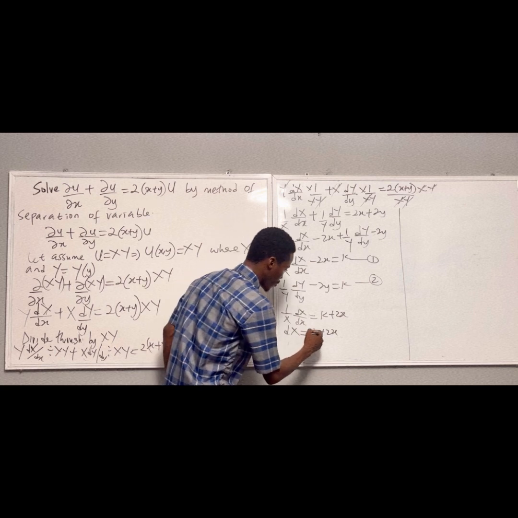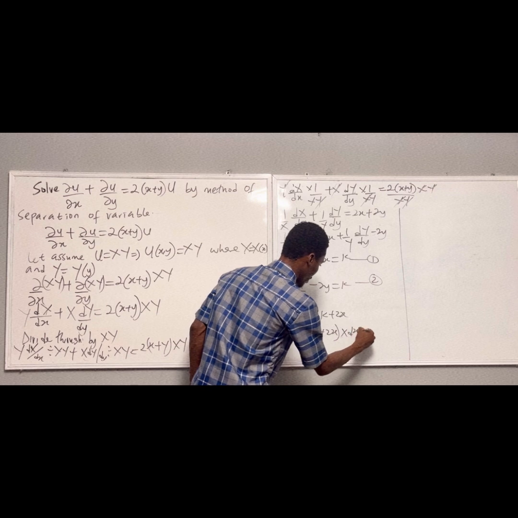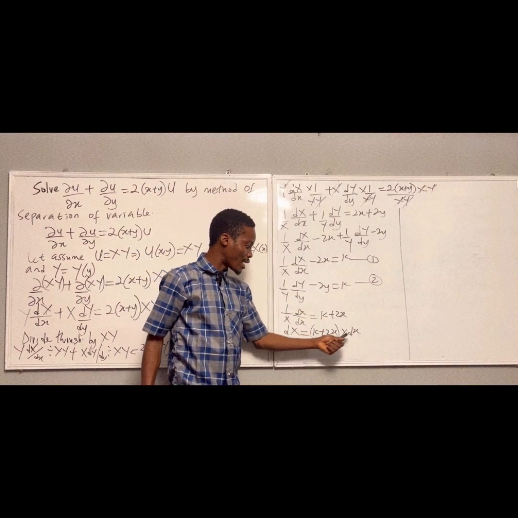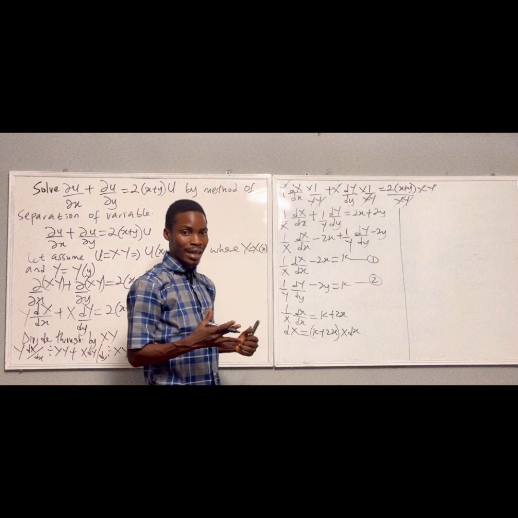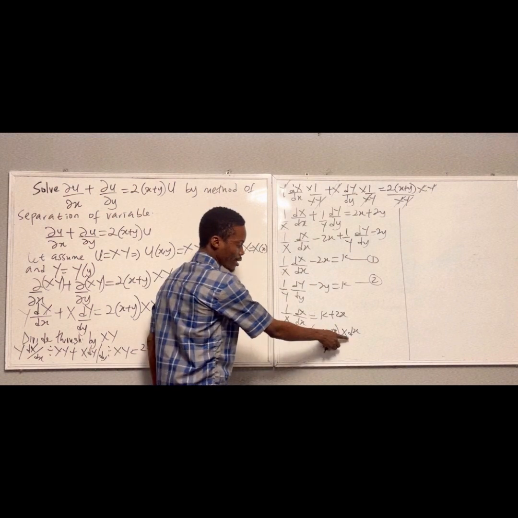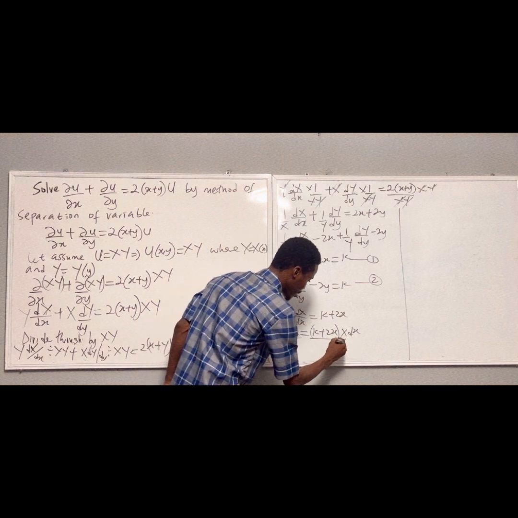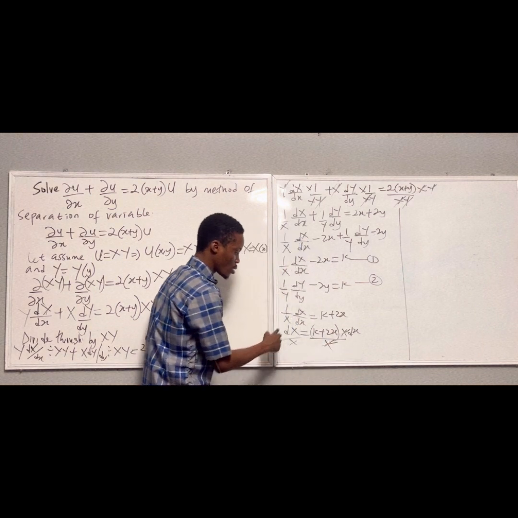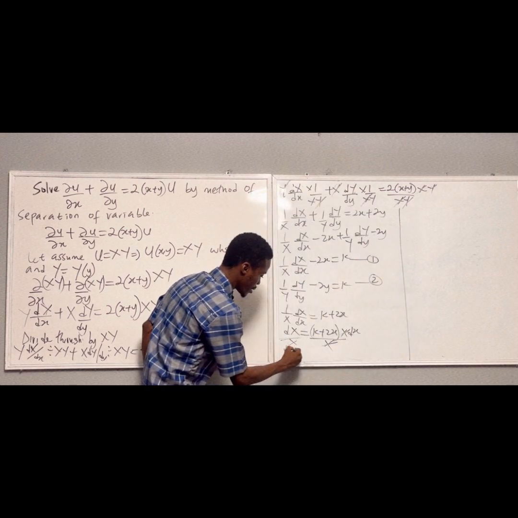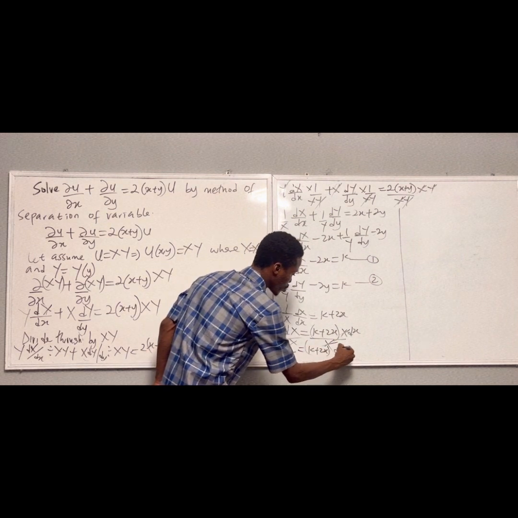If I cross multiply, since I want to separate the variables, I will take small letter x together and not capital letter X together. So this x will come here; for it to come here, I will divide through by x. x will cancel. So I'm going to have dx all over x is equal to k plus 2x dx.